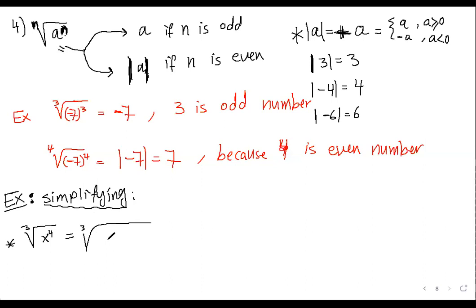So how can we factor it? Here I have the root equal to 3, and here I have 4. x times x to the third, nice. So x to the third times x. Now I can use property number 1.